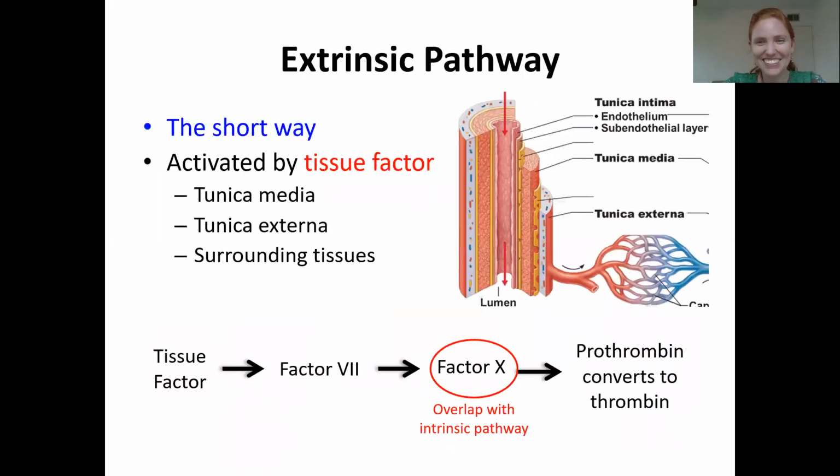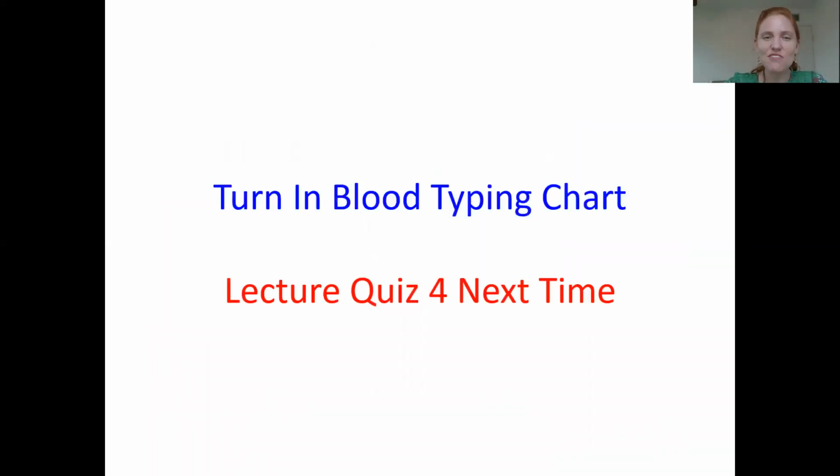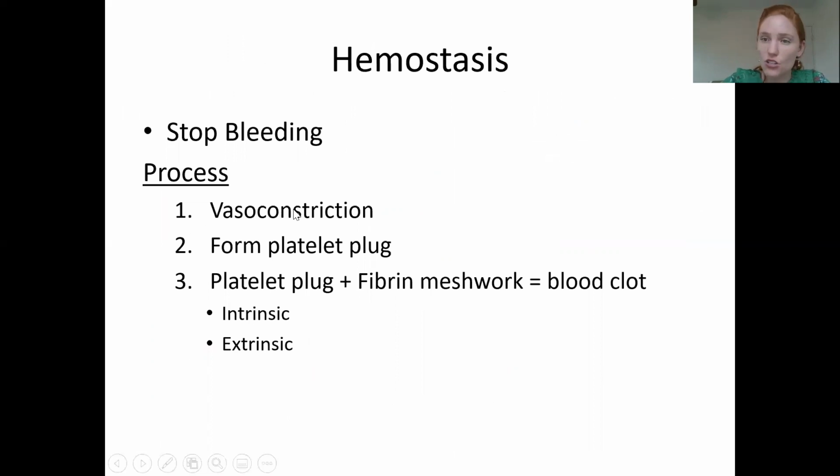Okay, so the end result is vasoconstriction first, then your platelet plug. Remember, you have the positive feedback loop, and then you're going to reinforce that using both the intrinsic and extrinsic pathways, often both at once, to create the fibrin meshwork, and then you have your blood clot. Okay, see you later.